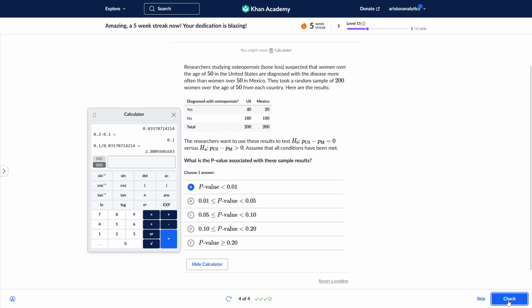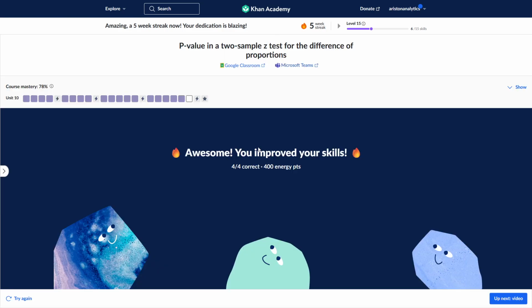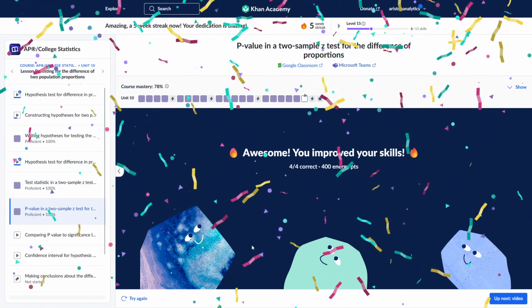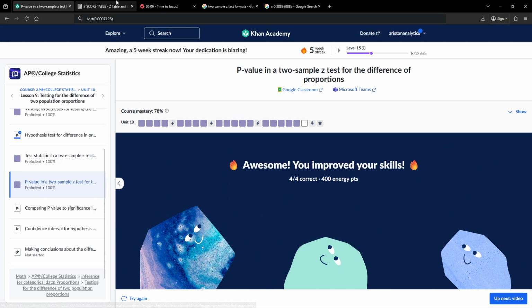It's less than 0.01. Nice. Yeah. That's pretty good.